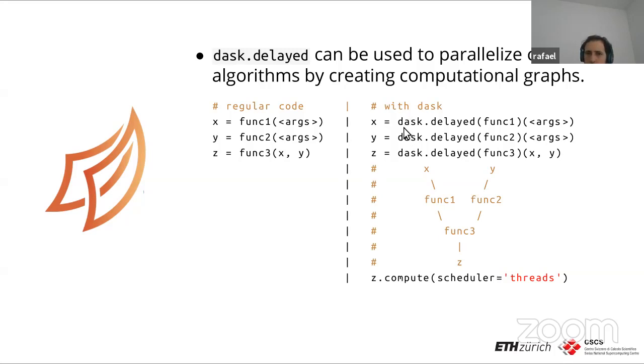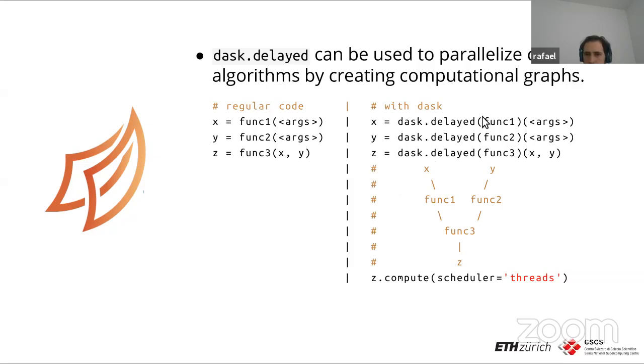So when you run this one, it passes immediately, and it creates a graph that starts with x passed to function 1, y passed to function 2, and then the result of these two is passed to function 3 and then to z. And then, when you call z.compute(), you're going to get the value.